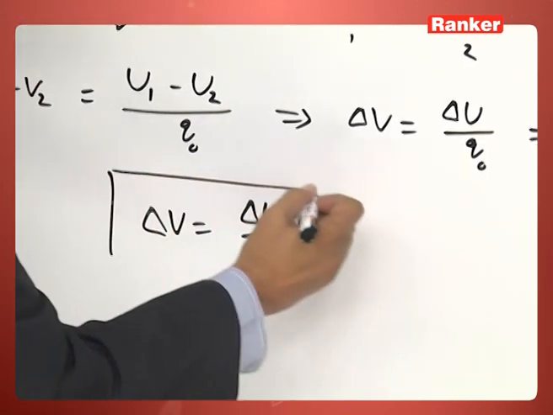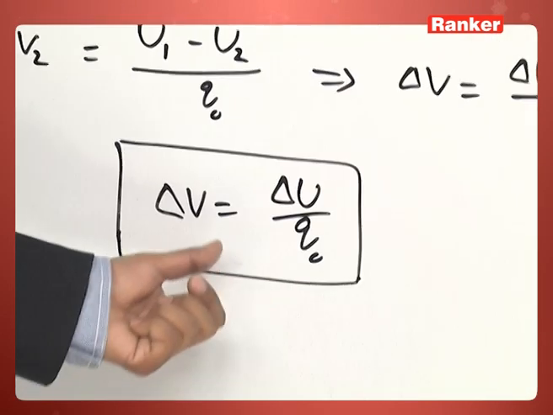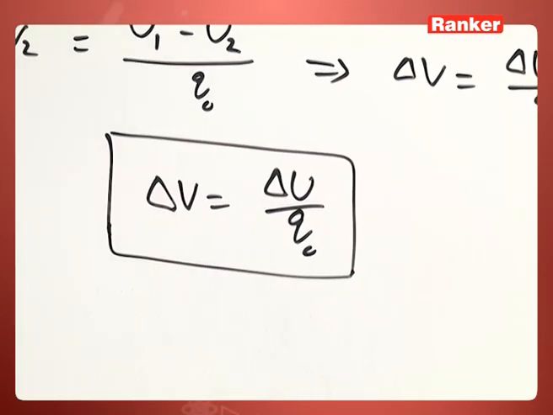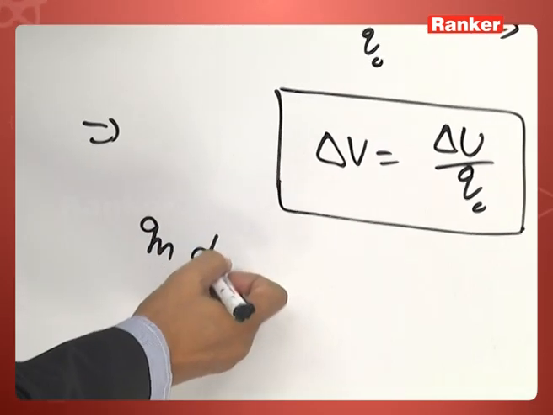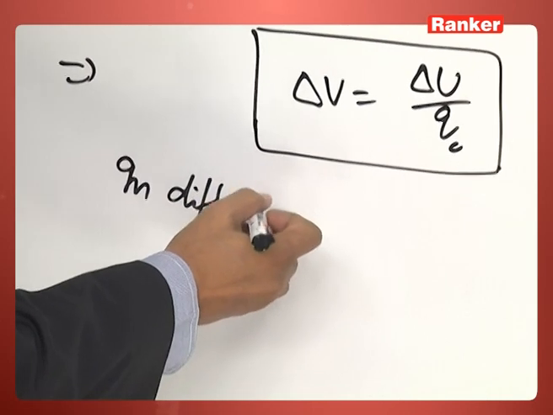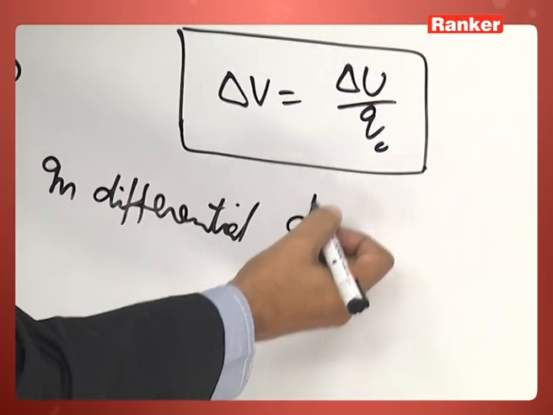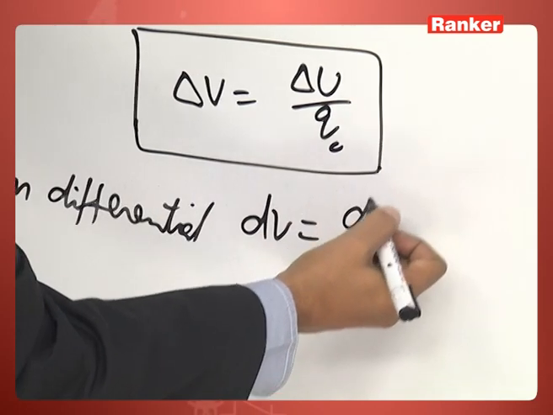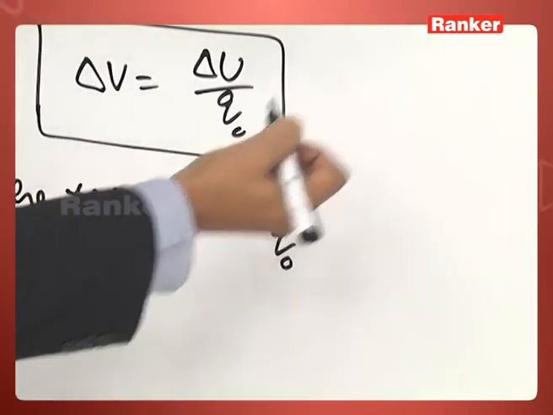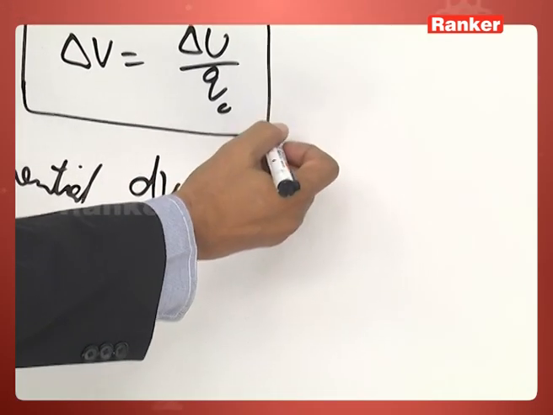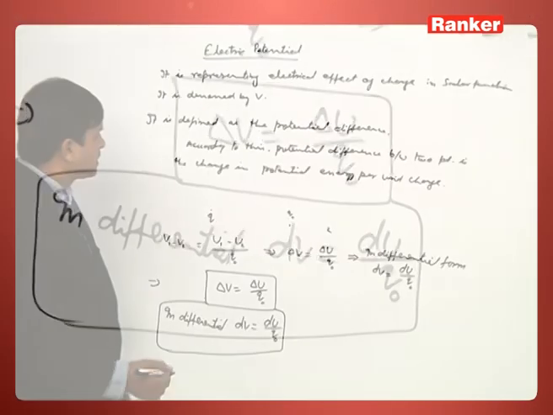This is one very basic fundamental relation, and with the help of this we can convert it into other forms also, or in differential form. Differential form is for a small change in the potential difference between 2 points. So we would like to calculate what is the small change in the potential energy per unit charge. This is the differential form.